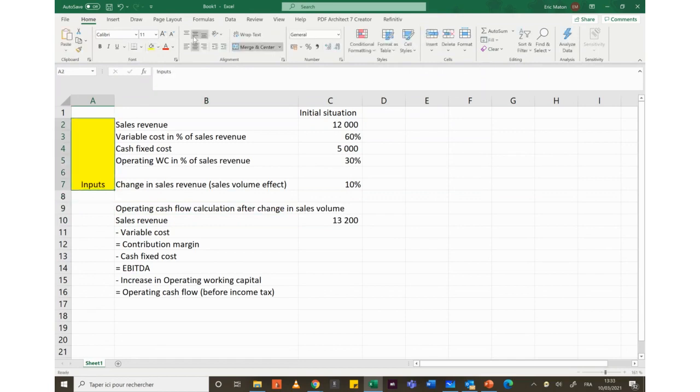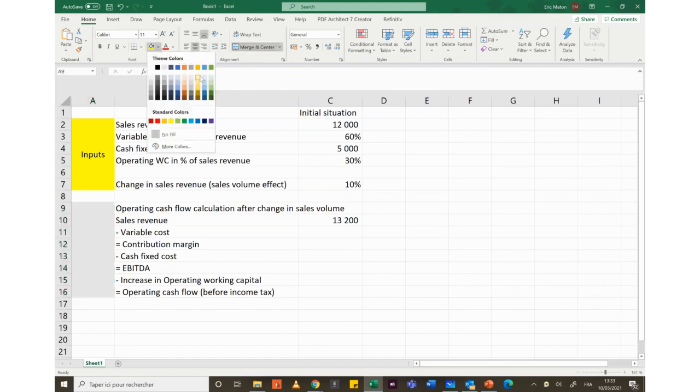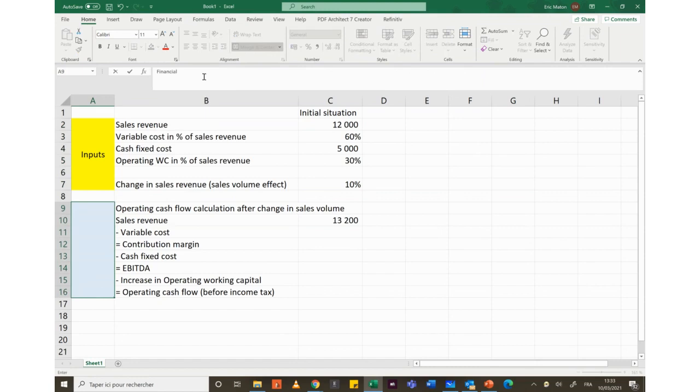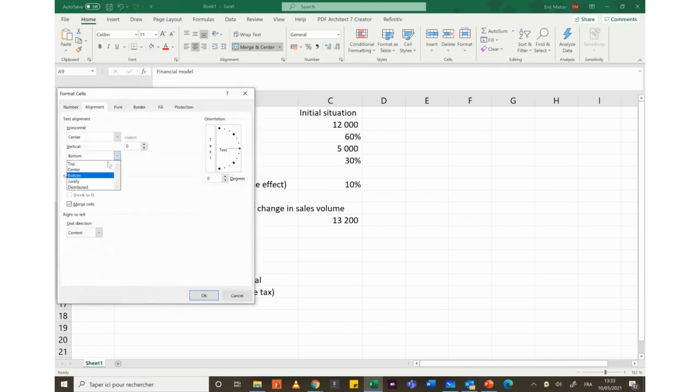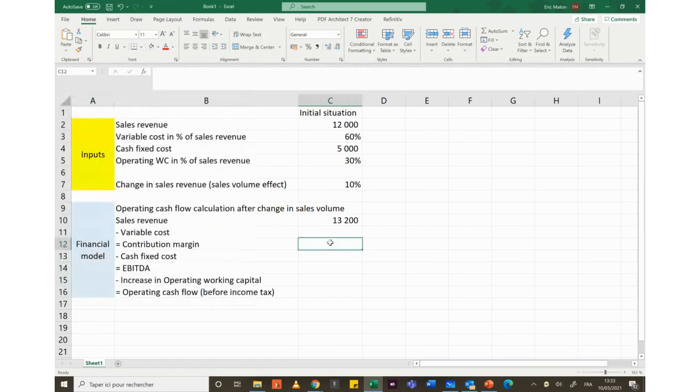And here we have the financial model. For the variable cost, we continue with 60%. It's just the volume effect. So now the contribution margin is the sum of the two. The cash fixed cost is 5,000.